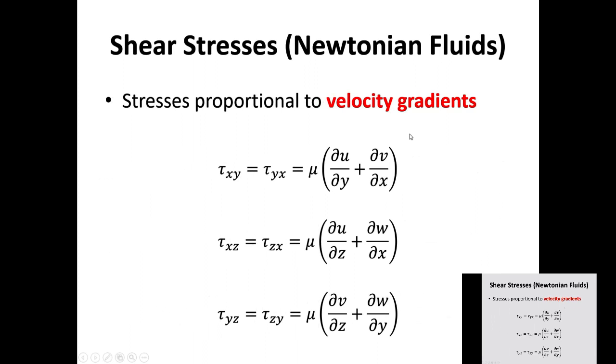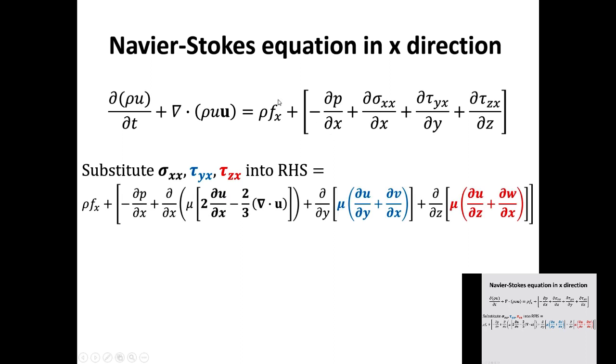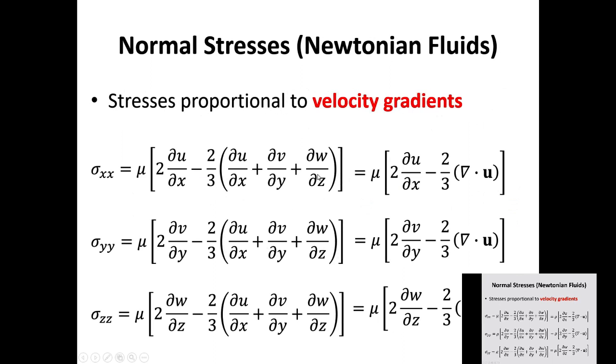And then you can write your tau xy, the shear stresses, in the same fashion with velocity gradients, and therefore you can replace your momentum equation by substituting those gradients with what you wrote earlier.